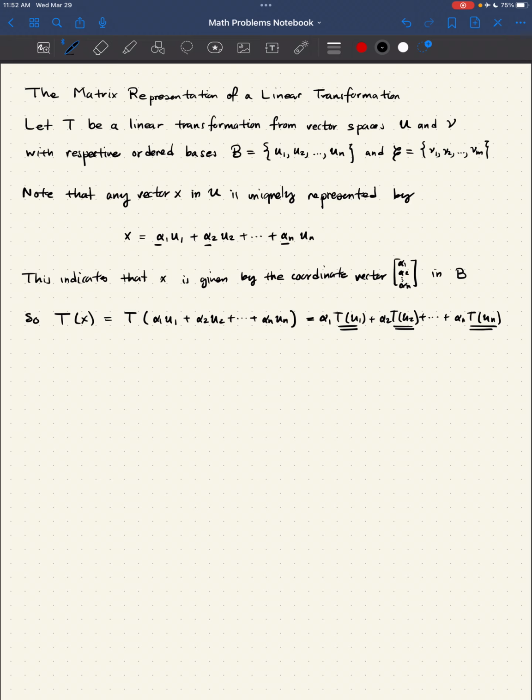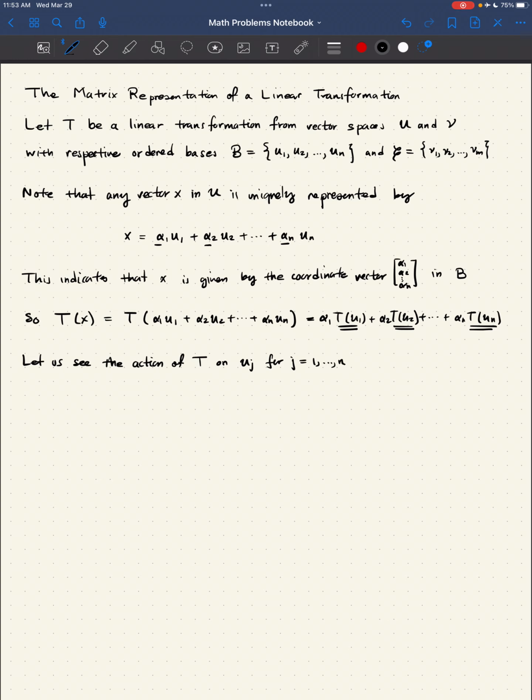Let us see the action of T on uj for j running from 1 up to n.